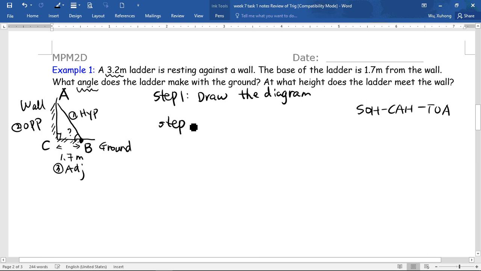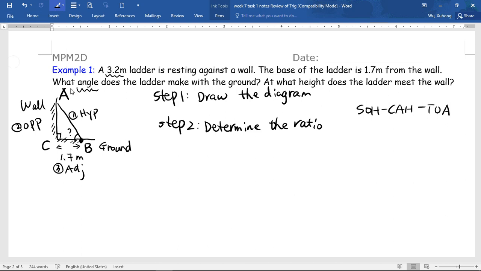The second step, we are going to determine which ratio to use. And how to determine the ratio? We use SOH-CAH-TOA. We are going to put a tick above the given information. So this one, adjacent is given, okay?